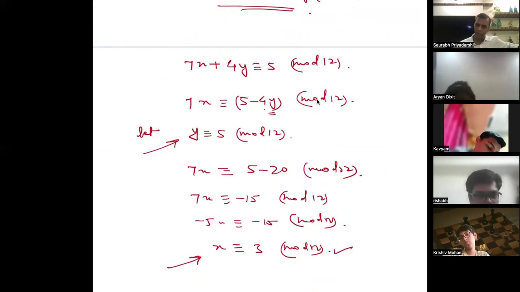Any other solution will be x is equal to 3 mod 12 with y something.